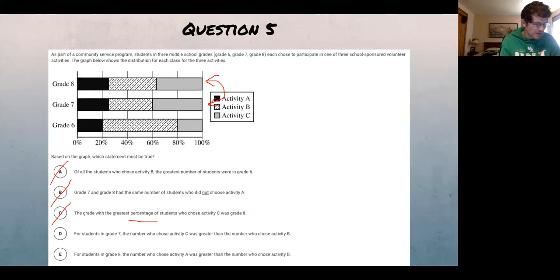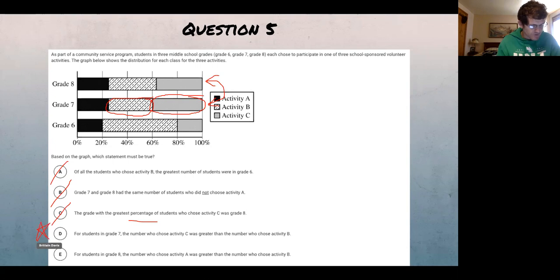So C looks to be about 40%, and B looks to be about 35-ish%. So within grade 7, more people did choose activity C. I don't know the numbers, but I can definitively say that the number is higher than the number of 7th graders who chose B. So that one looks good.